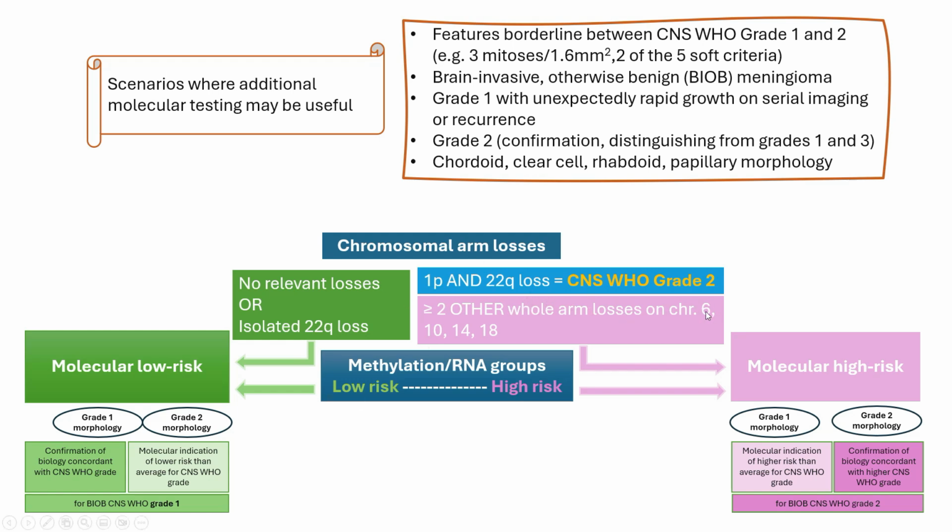Only chromosome 6 was lost, but not any one of these. So it's confirmed it's genetically grade 2 because it shows combined loss of 1p and 22q. So this is the meningioma case, an update on molecular classifications of meningiomas.